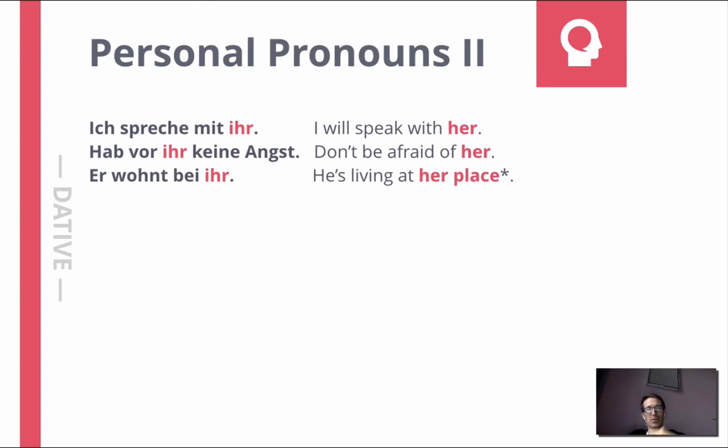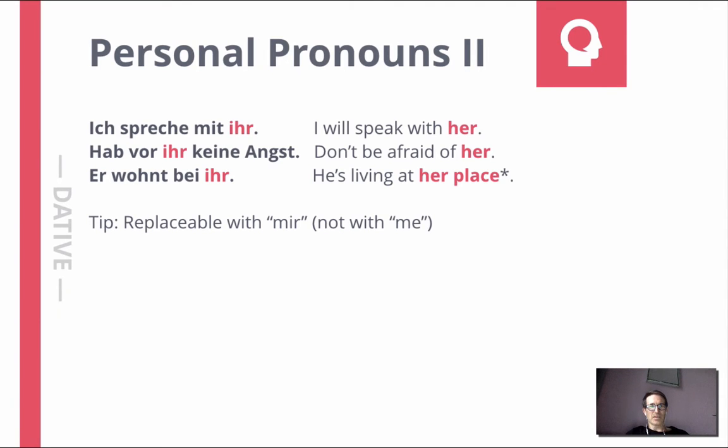So here we have a different case, the dative. So we cannot use the ich trick anymore, because after mit, vor, and bei you can never have ich. That's impossible. But you can have the dative version of ich, which is mir. Replaceable with mir. Careful, it doesn't work necessarily with the English version.